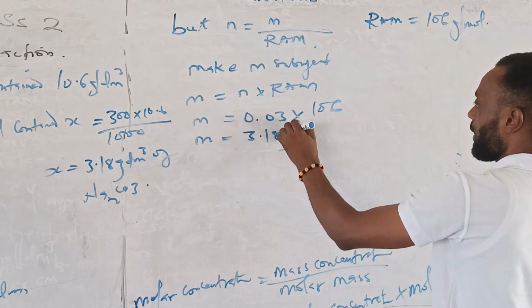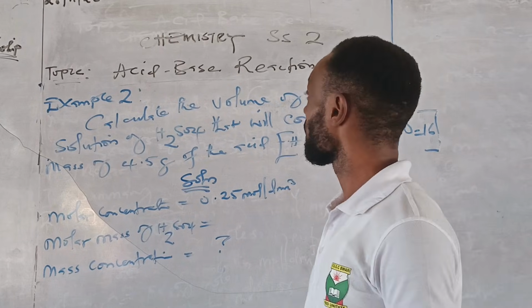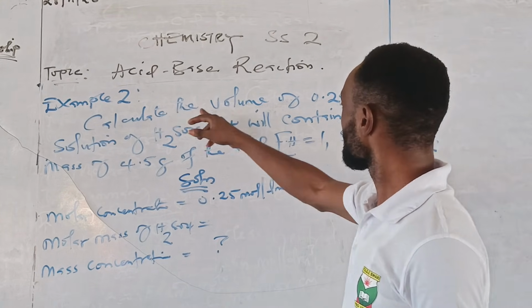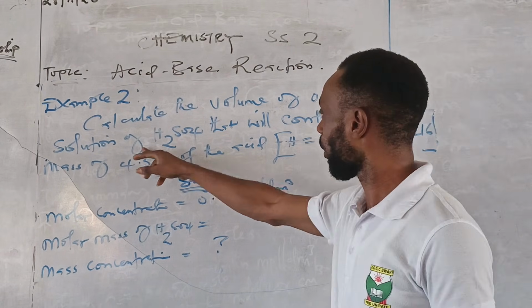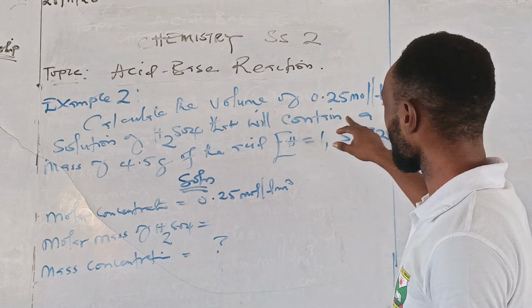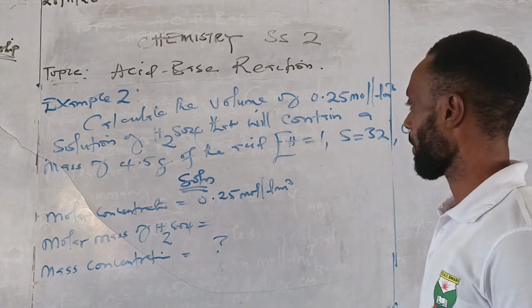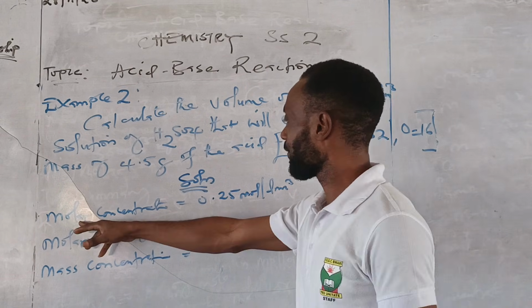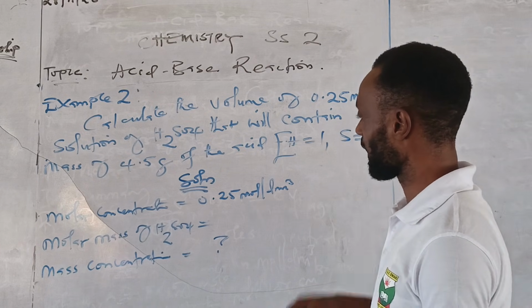gram per dm cube. Okay, now we are going to be looking at example 2, and the question says, calculate the volume of 0.25 mole per dm cube solution of H2SO4 that will contain a mass of 4.5 gram of the acid. As you can see, the molar concentration is given to us as 0.25 mole per dm cube.